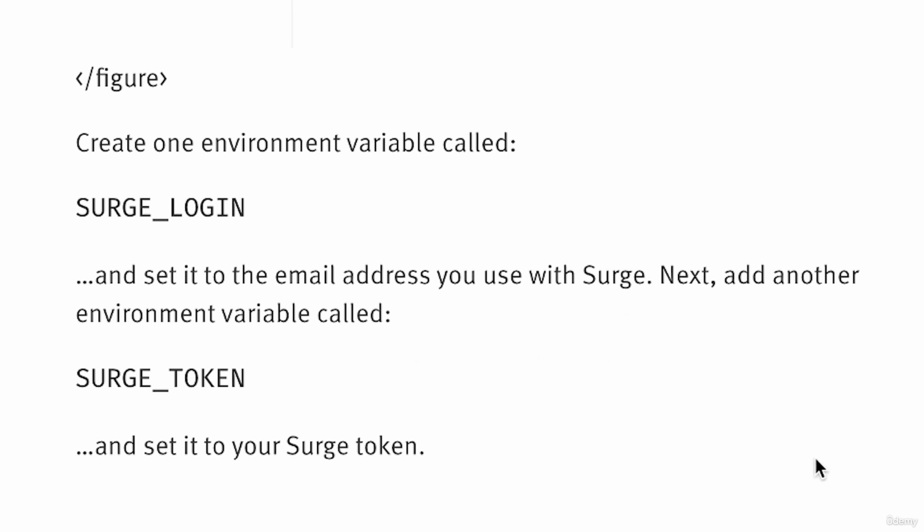What's important to notice is that you need to name the environment variable exactly as Surge expects it. So for example, if you give here a different name for the login or a different name for the token, or you just say token, then Surge will not know that token is meant for Surge. So you have to give the exact name as in the documentation.